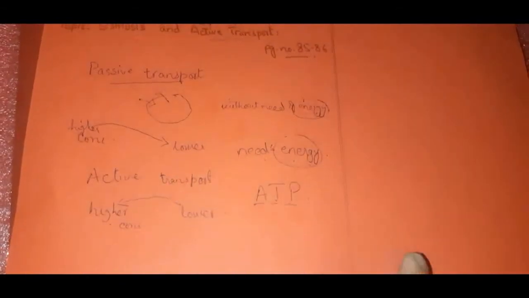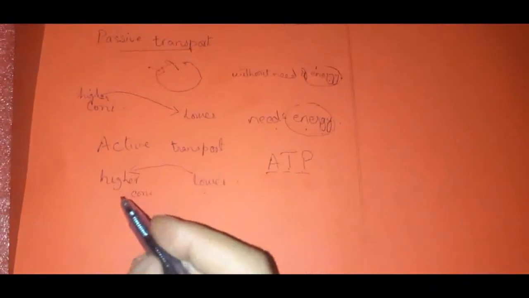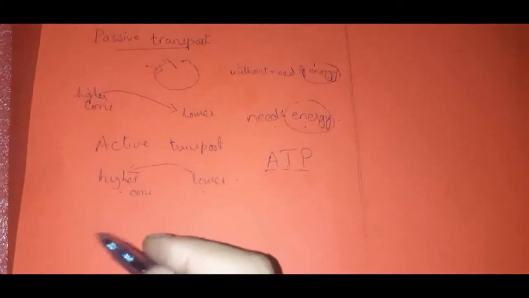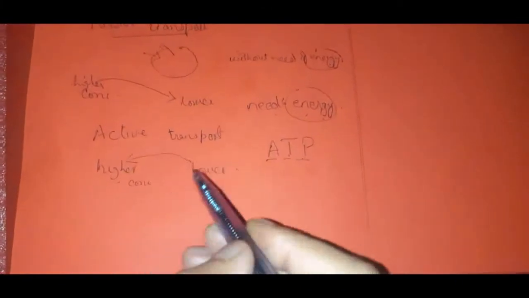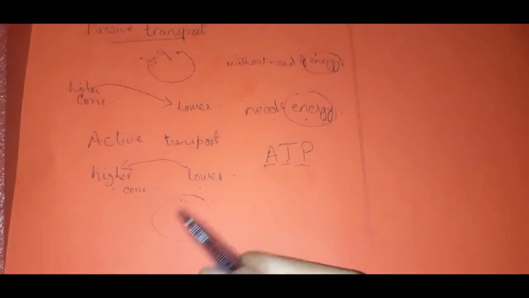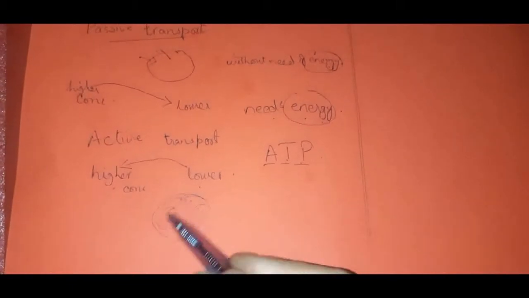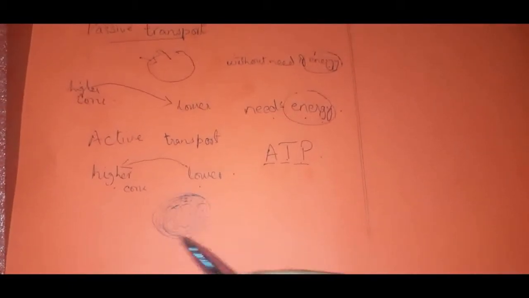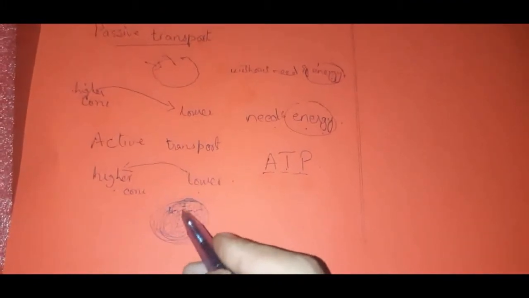What do I mean by concentrated region? That is where the molecules are many in the water or in the fluid. For example, let's take a cell, right? This is a cell. Obviously we know that the majority of the cell is in fluid form, just take it as water.